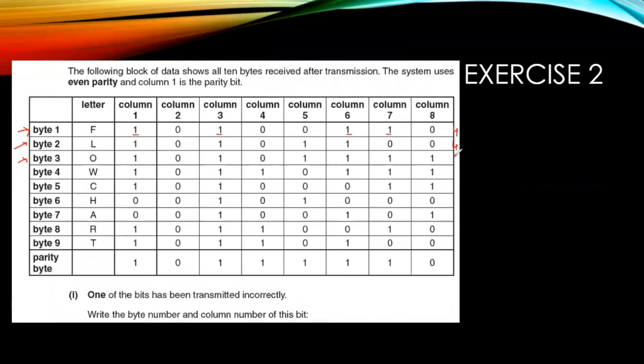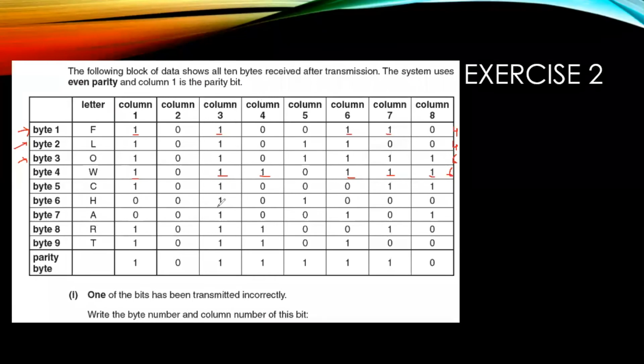As you can see, these are already giving me an even number of ones. Therefore, the following are even parity. This one, 1, 2, 3, 4, 5, and then 6. So there are 6 ones. You'll have to go through each one of them.